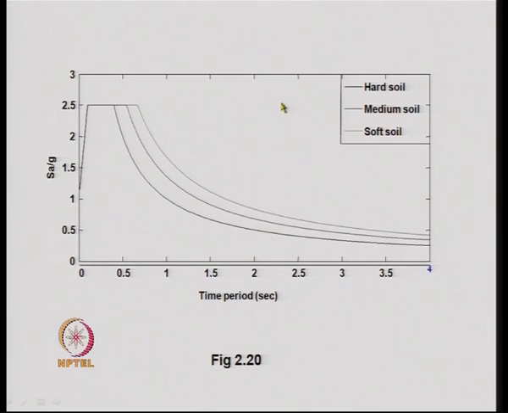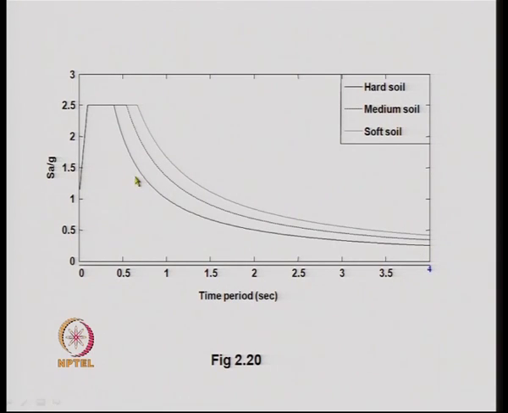Now, if we wish to plot the spectral acceleration versus time period on ordinary paper, that means not log scale but ordinary scale, and normalize with respect to gravity, that is g, that SA by g plot can be shown to be of this type.